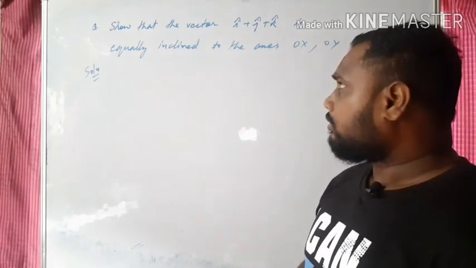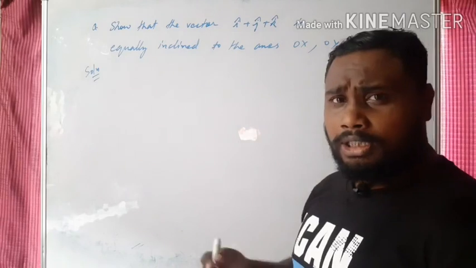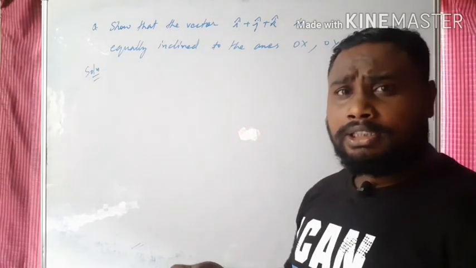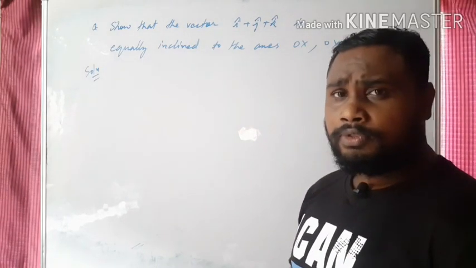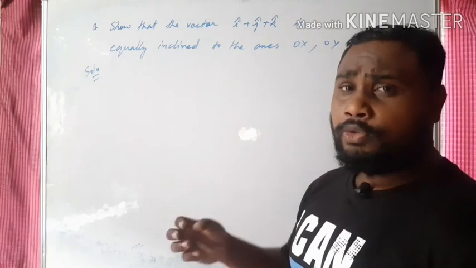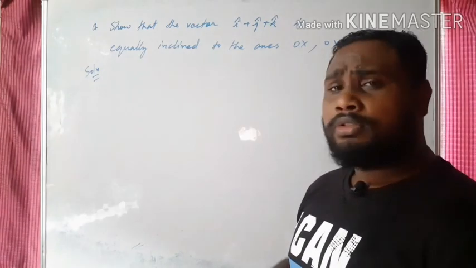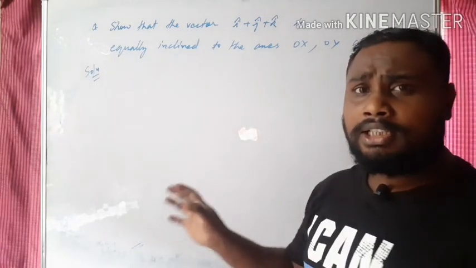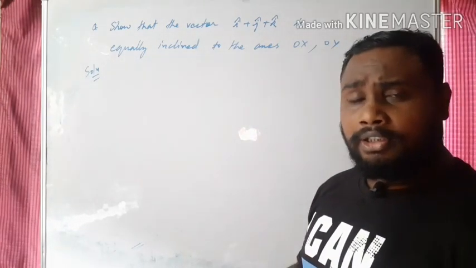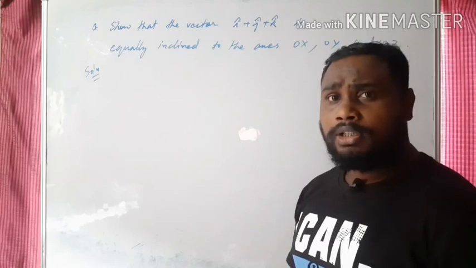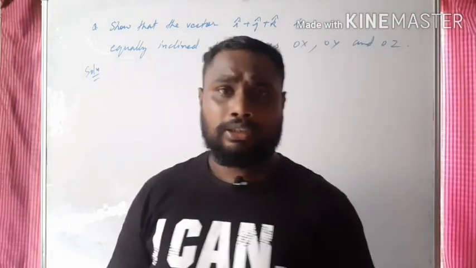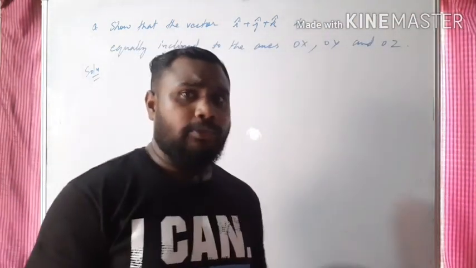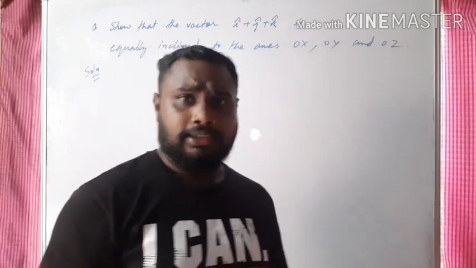If you are asked whether a vector is equally inclined or not, you find the direction cosines and see whether they are all the same or not. If they are all equal, then we can say the vector is equally inclined with the x axis, y axis and z axis.